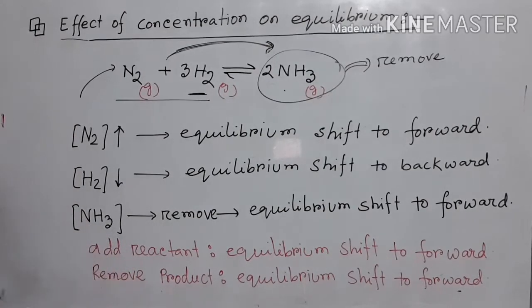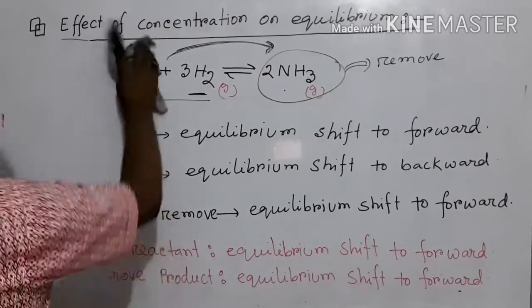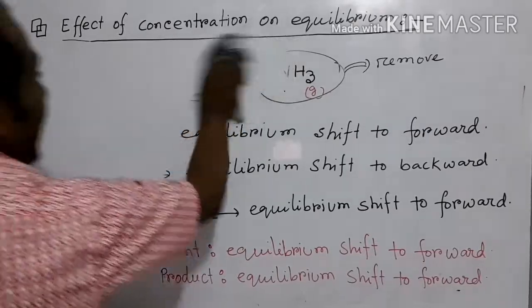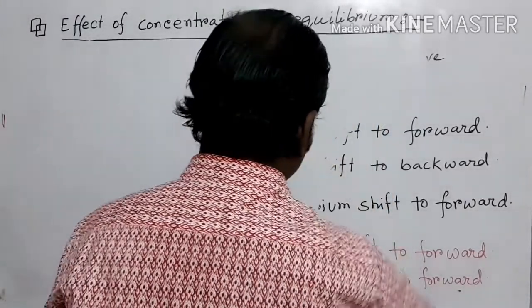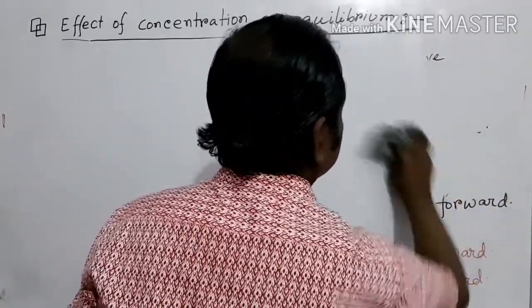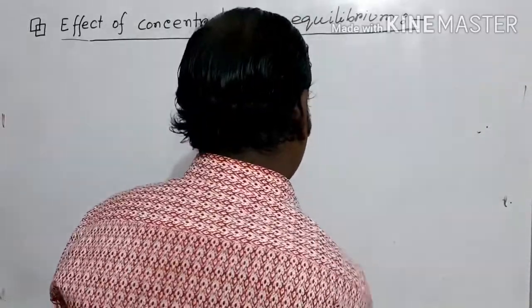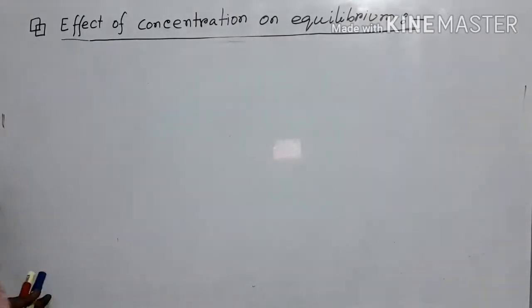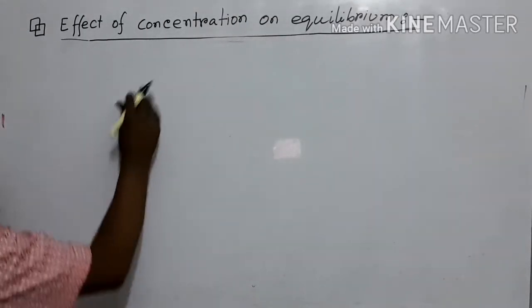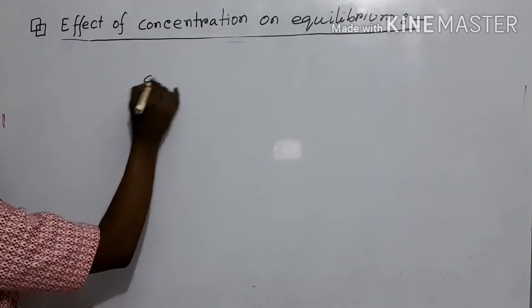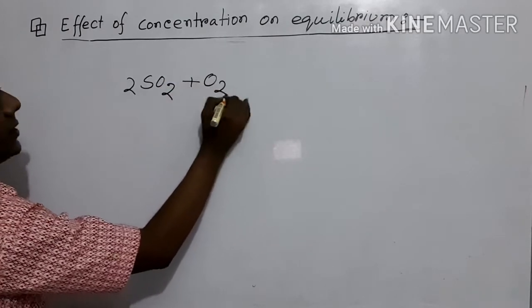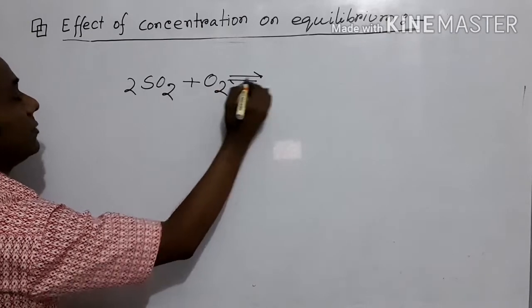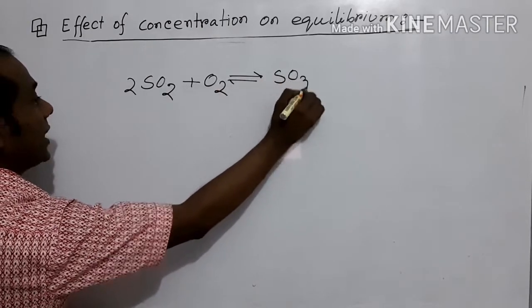Now we can discuss another reaction. If we consider the reaction sulfur dioxide plus oxygen, reversible reaction, sulfur trioxide.